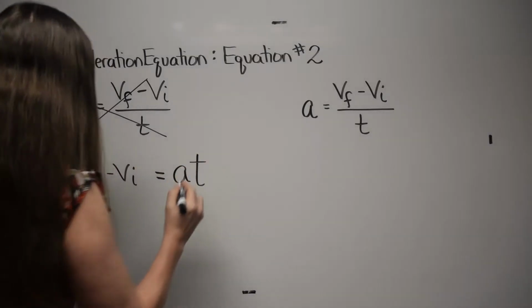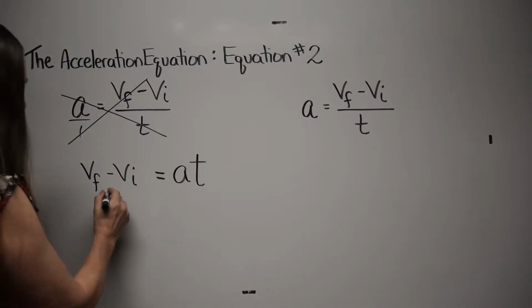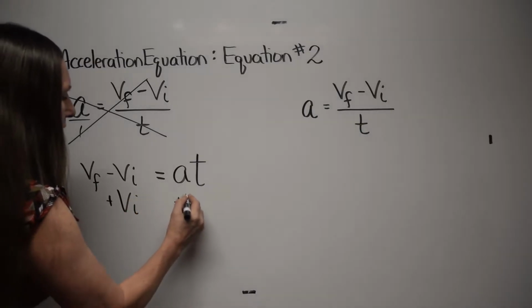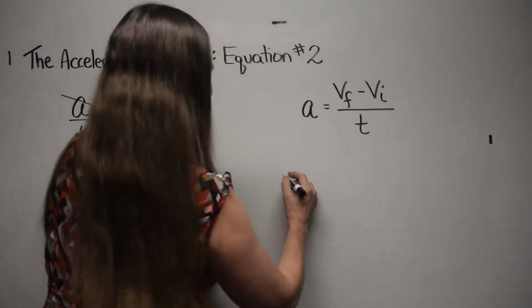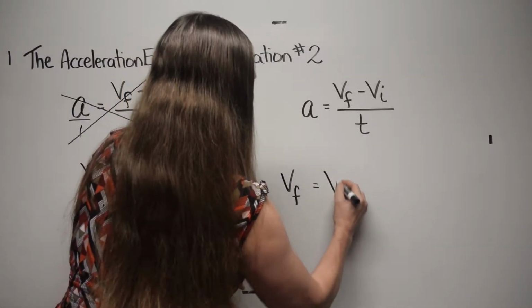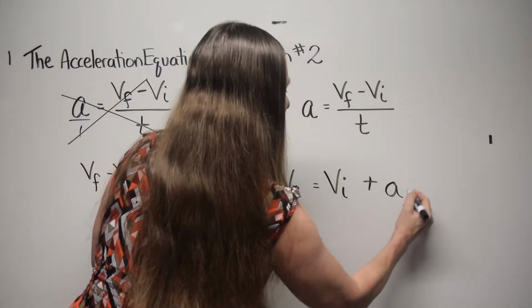And if we're trying to get v final by itself, we add v initial to both sides. That cancels, and we get this equation, v final equals v initial plus at.